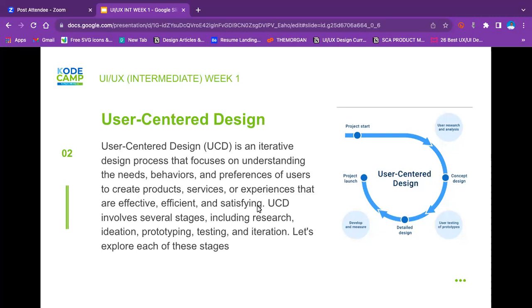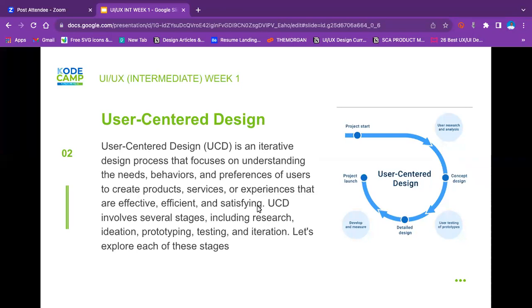It is just a way of understanding your users. When it comes to UI UX design, I'll be using the word product design, the compound word, so that I'm not going to be defining individually. Now, when it comes to building products, we have approaches that we follow. That's the user-centered approach.